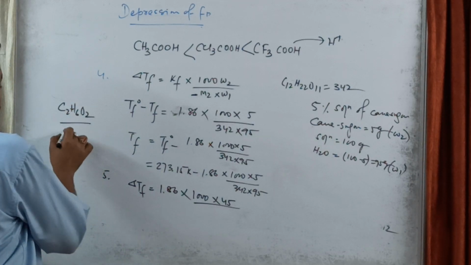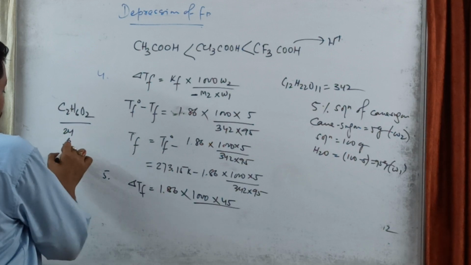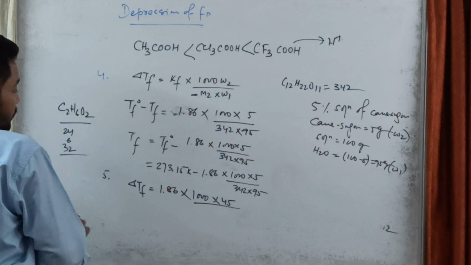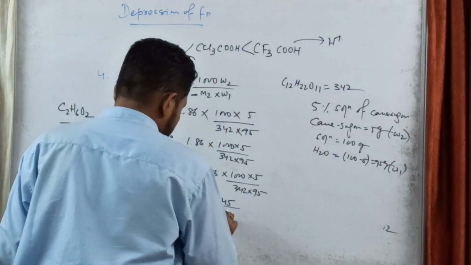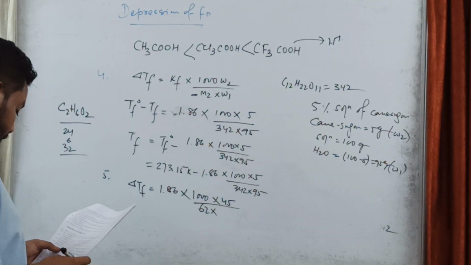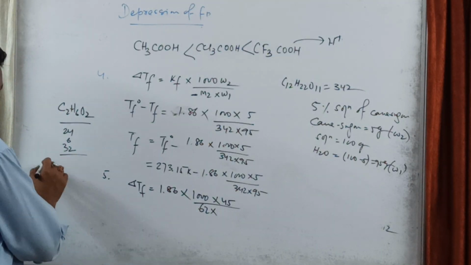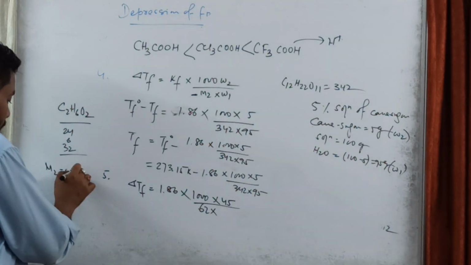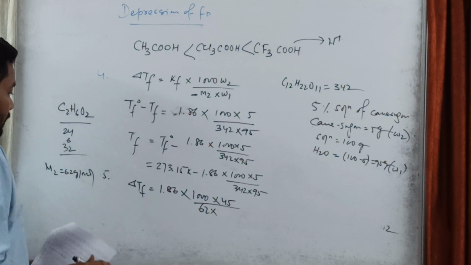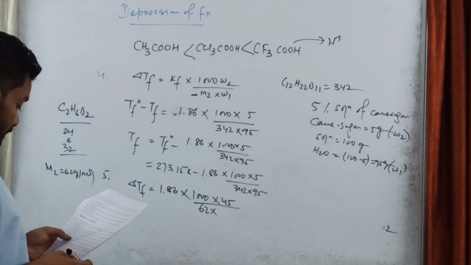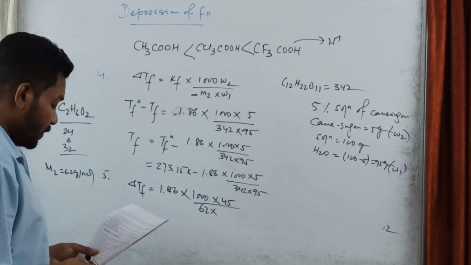That means 2 into 12, 24, 6, 30, plus 32 is 62. M2 is basically 62 gram per mole, and W1 is 600.